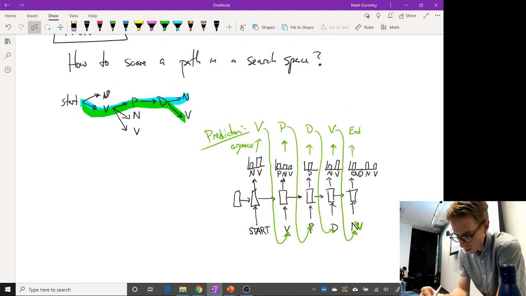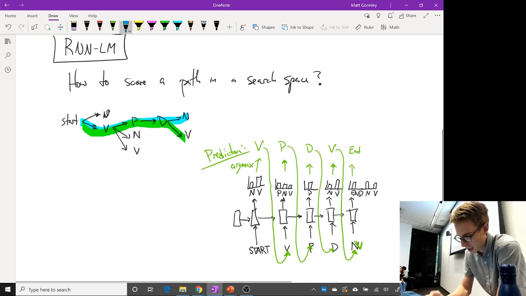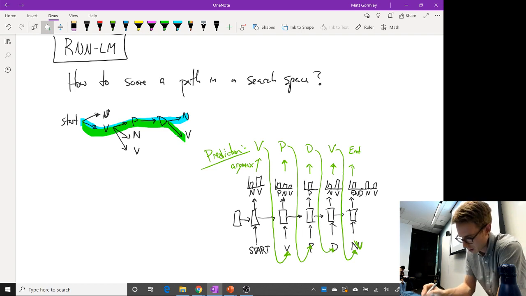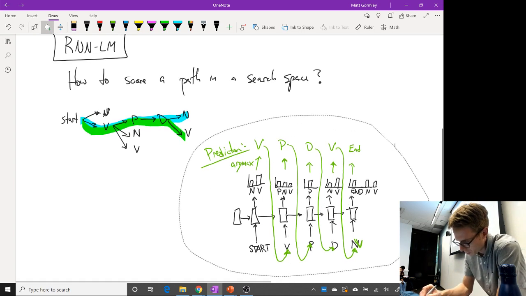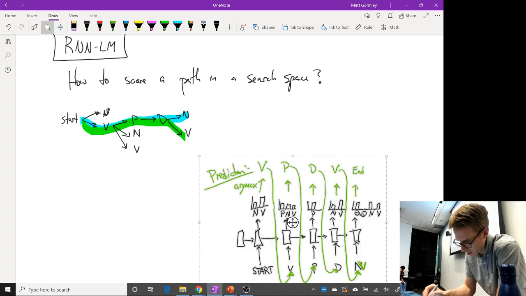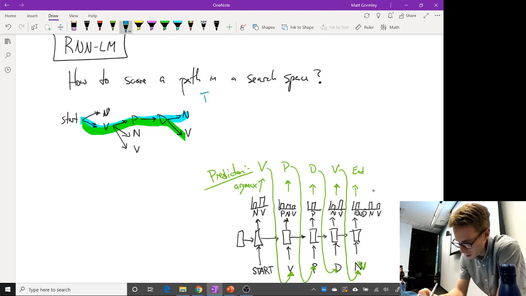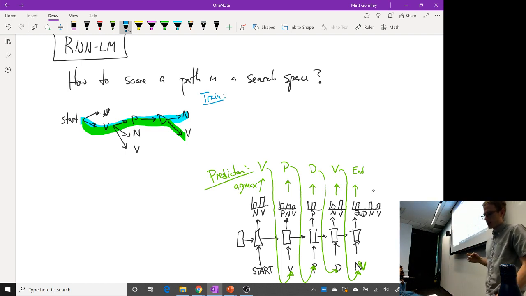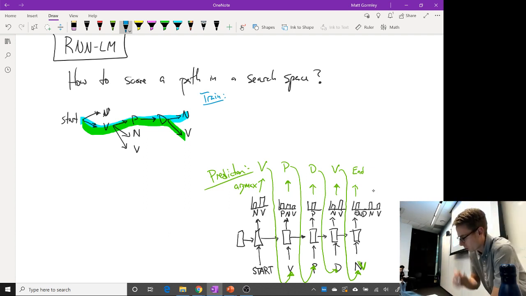But we could also look at how to use this network if we wanted to train the network. So if we were concerned with training, then we could build up a little bit more of the computation graph, and we would find that we have our goal sequence. We know what the true sequence of tokens was.